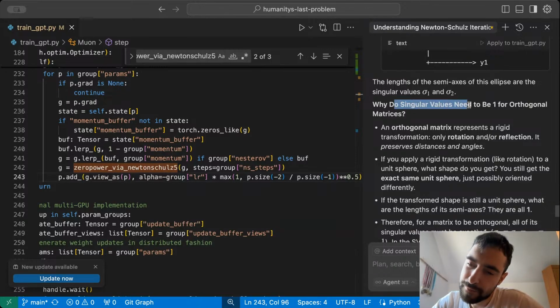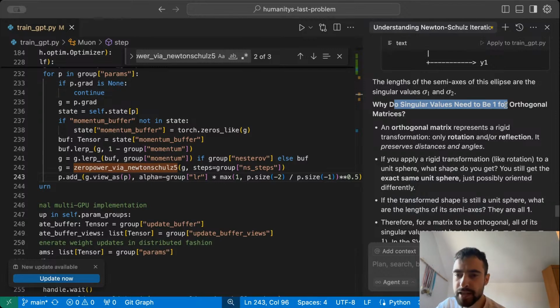An orthogonal matrix represents a rigid transformation, only rotation and/or reflection. It preserves distances and angles. As we said, it's just going to rotate or reflect, but not change this stuff, or shear.